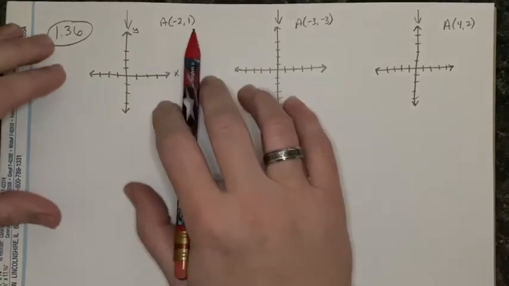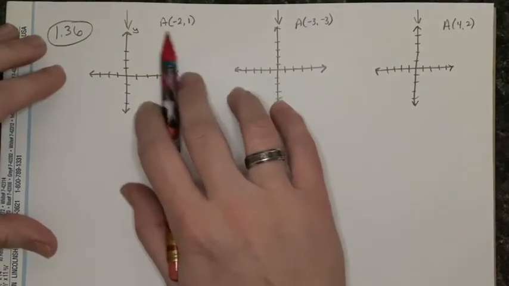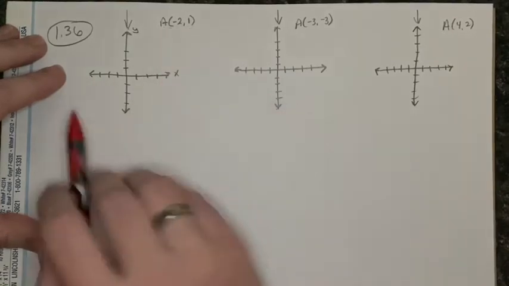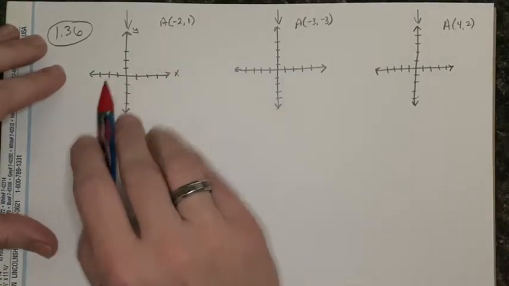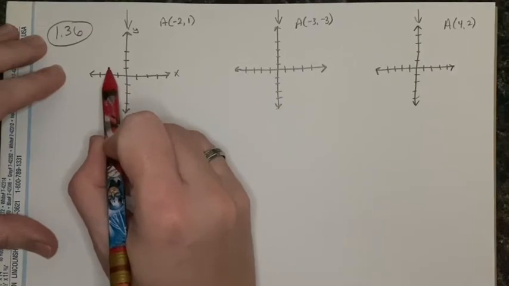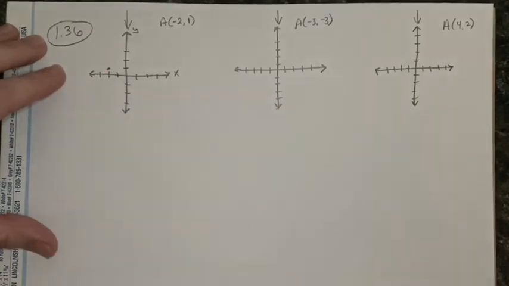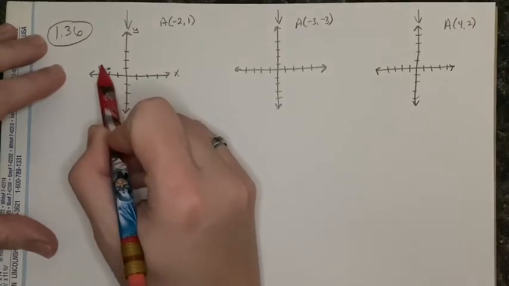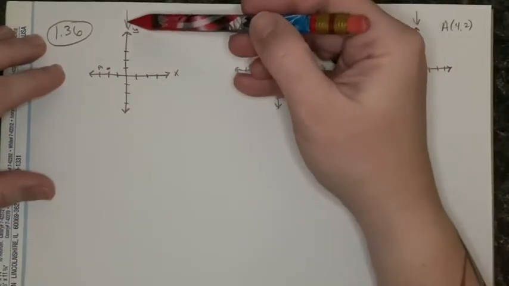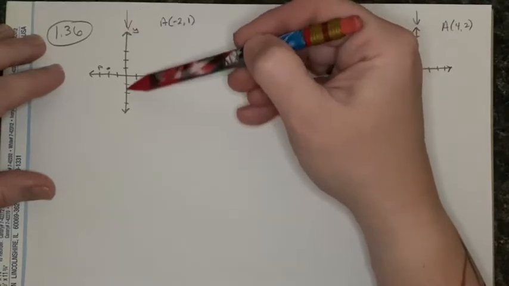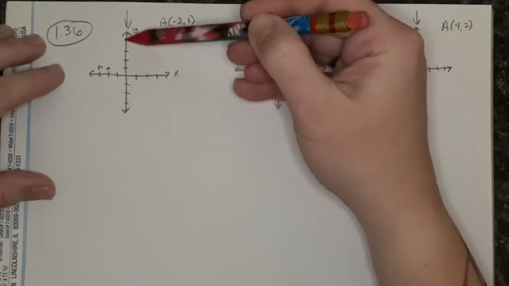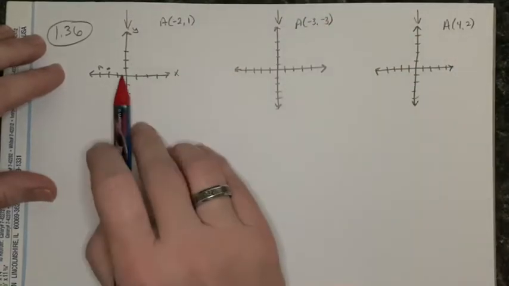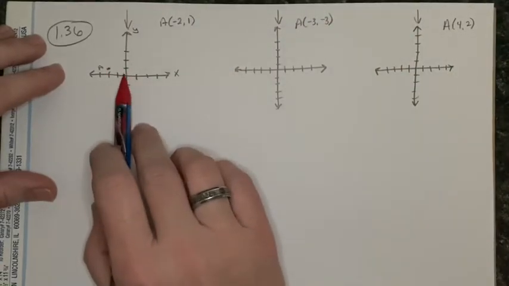First thing we want to do to solve this is plot our A point. And our A point is at -2, 1. So -2 on the x-axis and a positive 1 on the y-axis. And that is our point A. So with respect to our y-axis, what is its partner point? Well, if you think of our y-axis here, how far away is it from our y-axis?